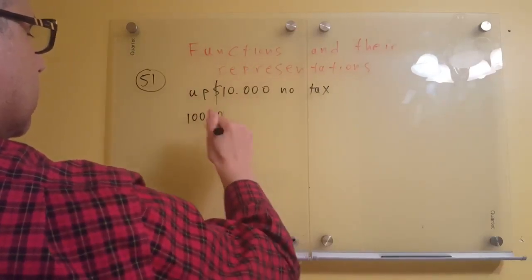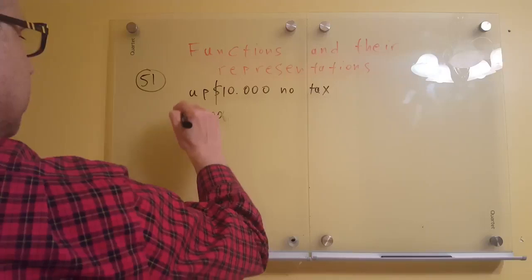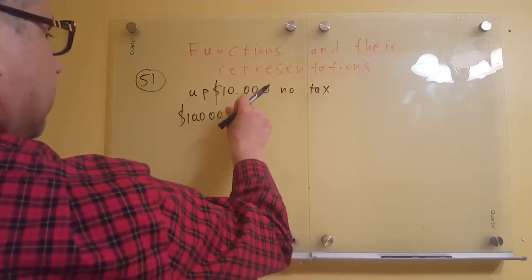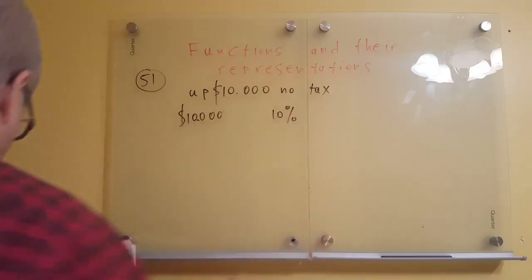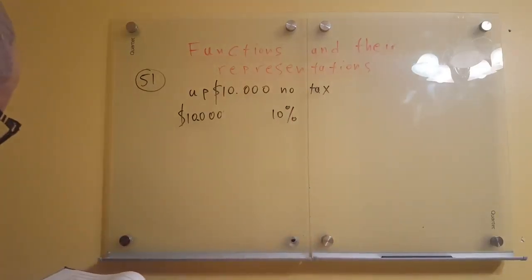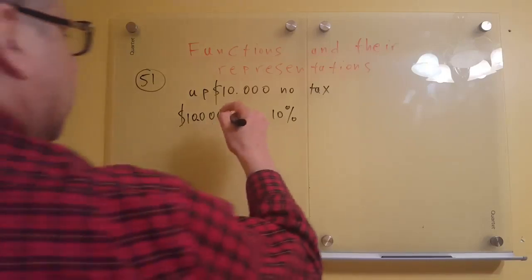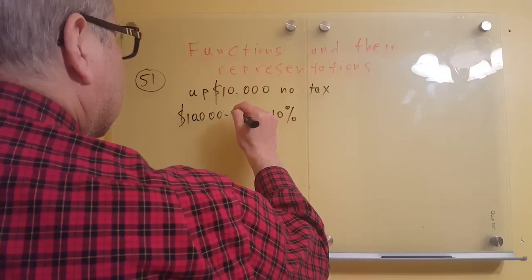So from 10,000 and up, we have a rate of 10%. Okay, so that's from 10,000 to 20,000.